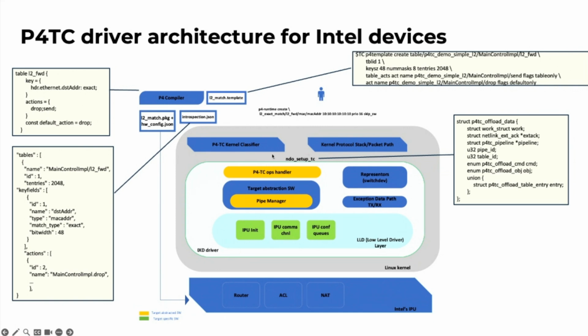This information is given to an ops layer. The purpose of this layer is to differentiate between different P4 table types. It is then given to this target abstracted software layer. This layer is very flexible. The code over here can be shared between user space, kernel space, Windows, Linux, ESX, you name it.